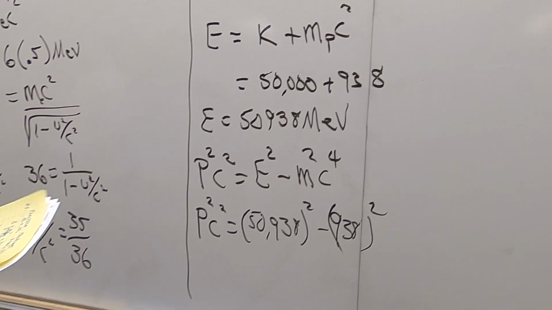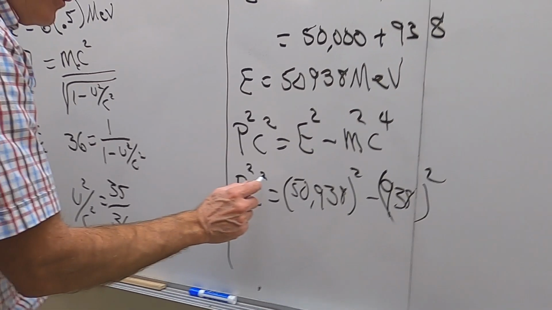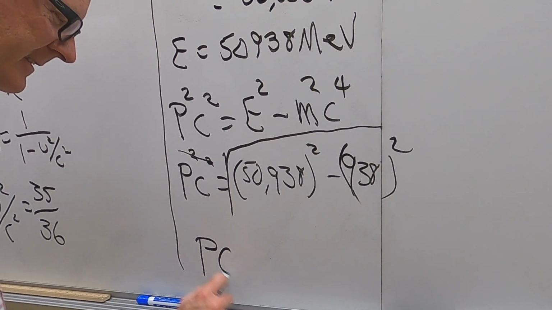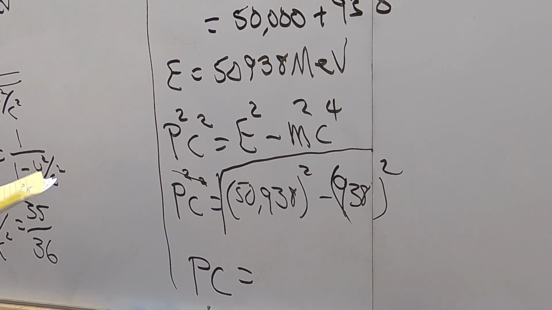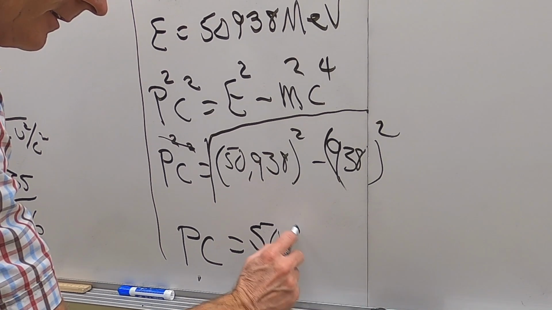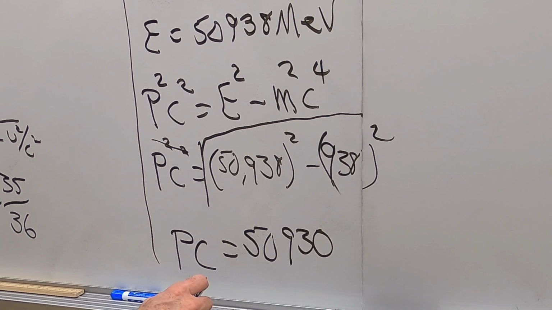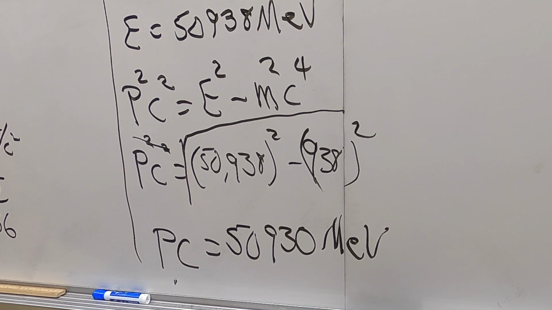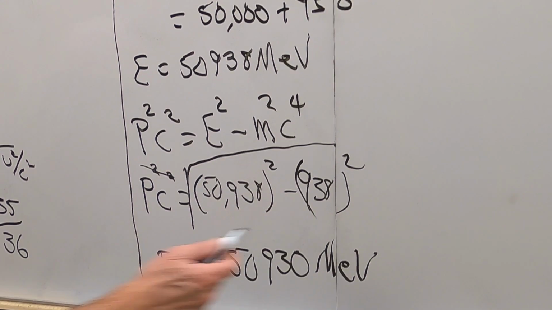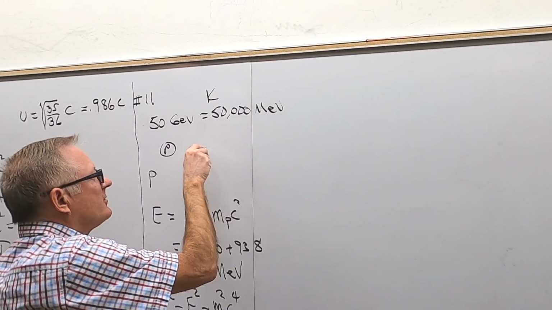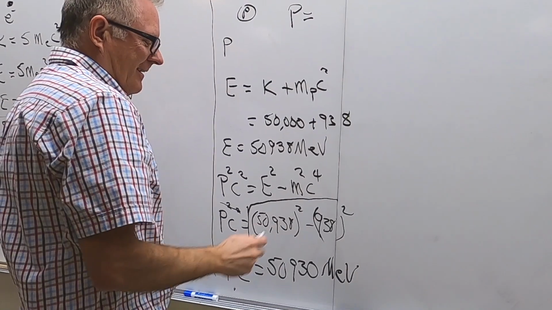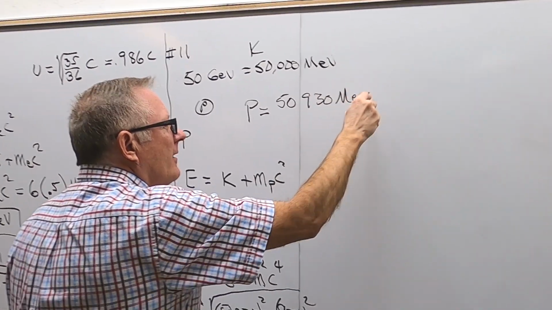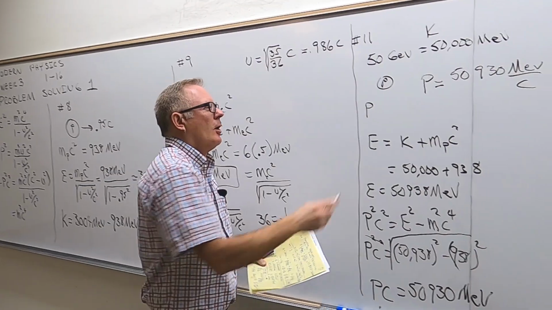Then take the square root of both sides. pc is equal to 50,930, and remember, this is an energy, so that would be MeV. If I wanted the momentum, I'd just divide out the c, but they usually just leave it as c. So P is 50,930 MeV per c. Okay, so there is the momentum.